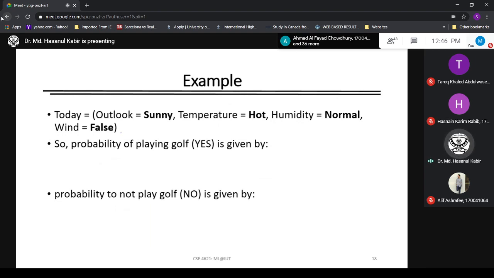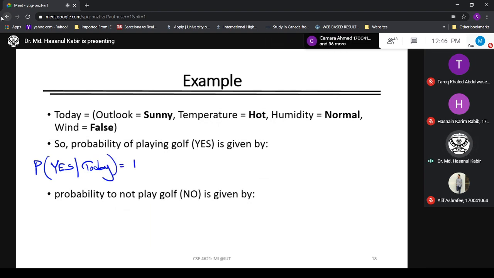So what will you compute? Basically you will compute the probability of, let's decide it for yes, I'm going to play golf given today's weather. If this is the case, what should I do then?